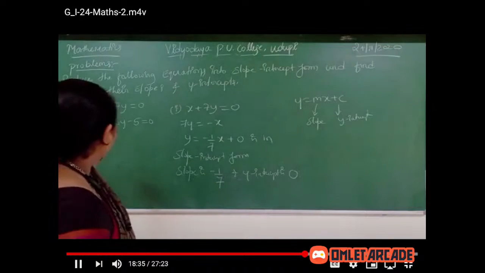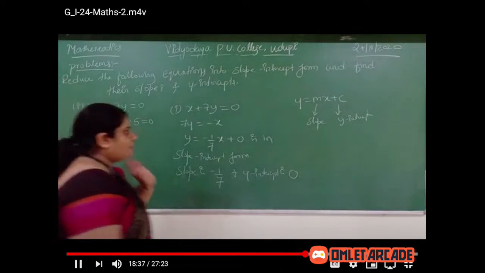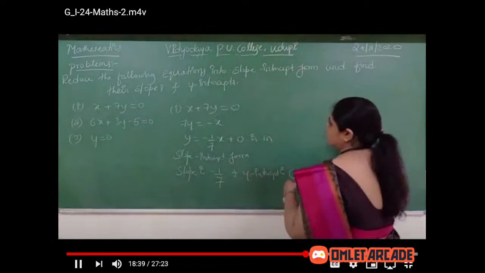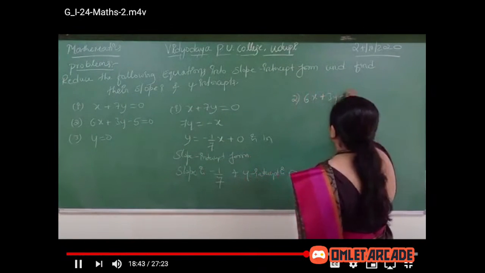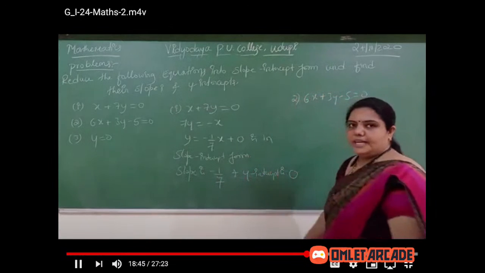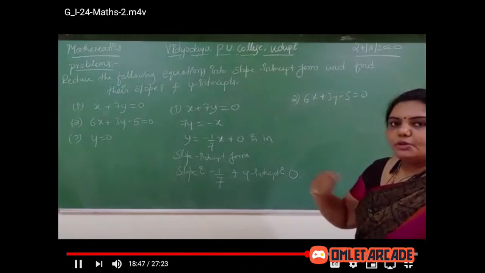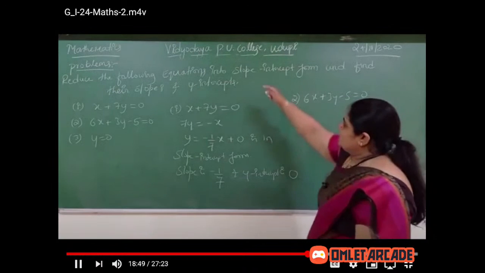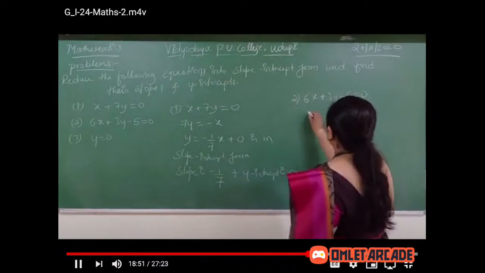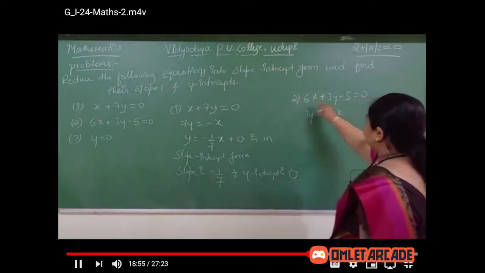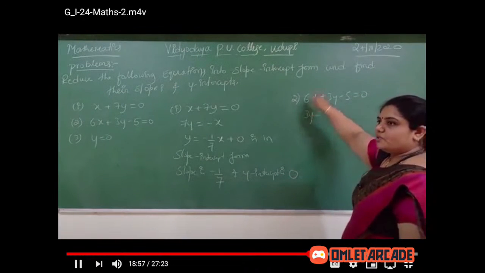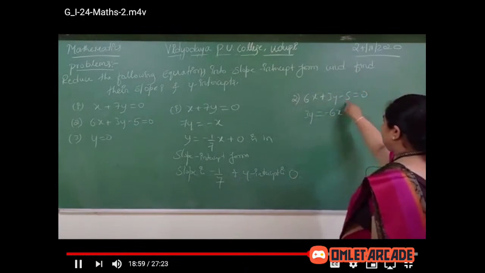Similarly, can you find it for the second one? Same method. Let me write here the second question: 6x plus 3y minus 5 is equal to 0. Again, let me convert into y is equal to mx plus c form, which is slope intercept form. So 3y is equal to minus 6x. See, I'm just shifting 6x to the RHS, minus 6x.